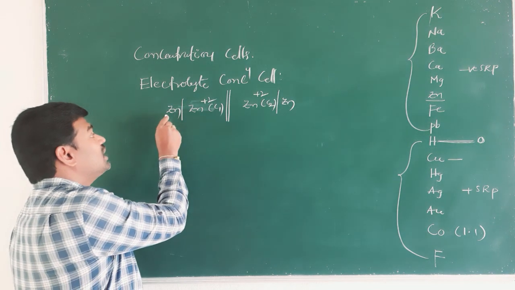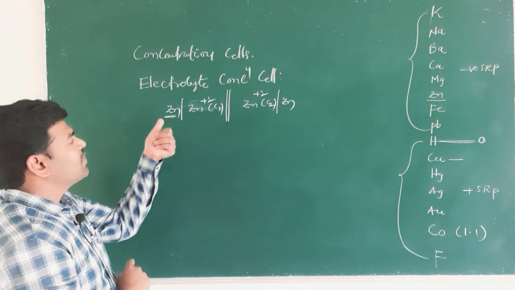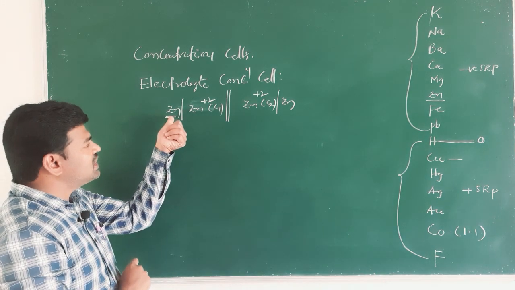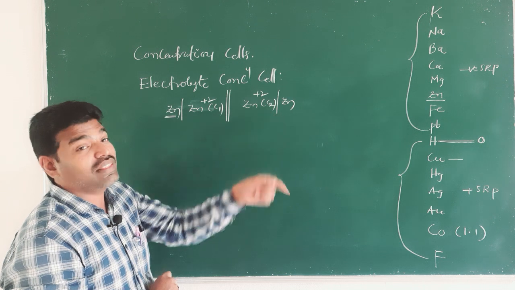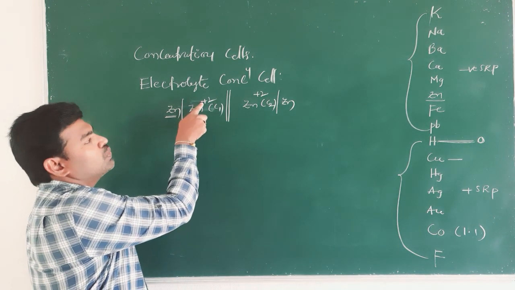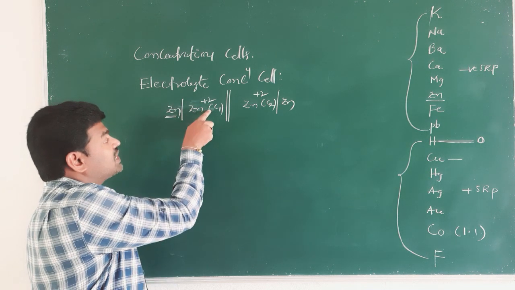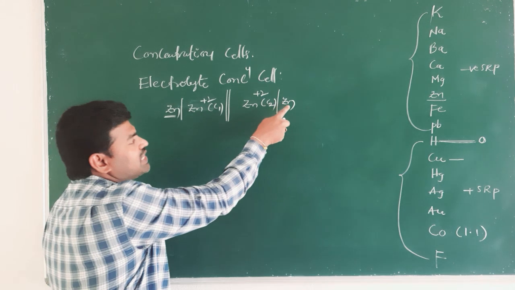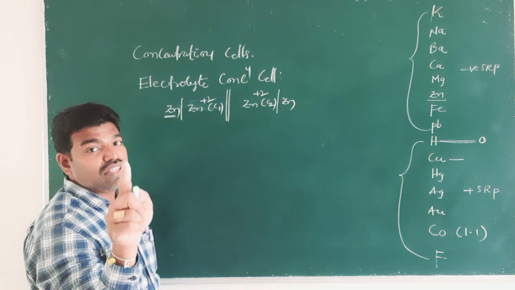Note this point: the anode is a zinc electrode and the cathode is also a zinc electrode, but the anode is dipped in zinc sulfate solution of concentration C1, and the cathode is dipped in zinc sulfate solution of concentration C2.